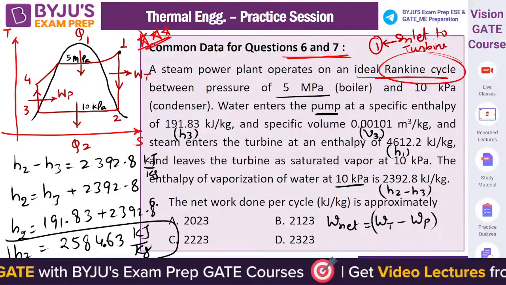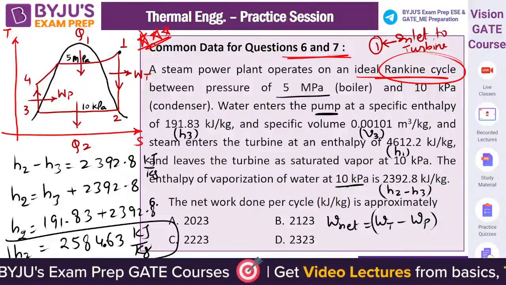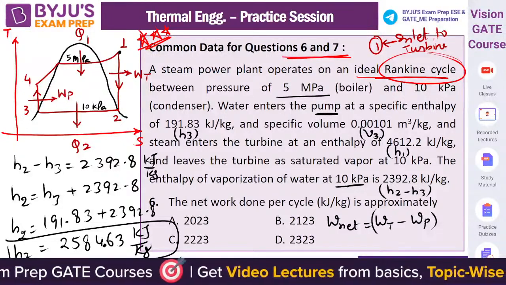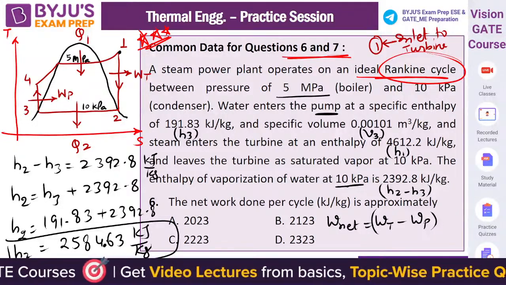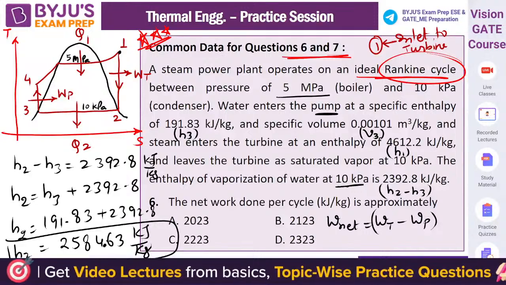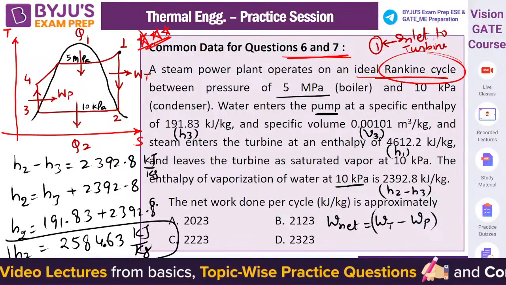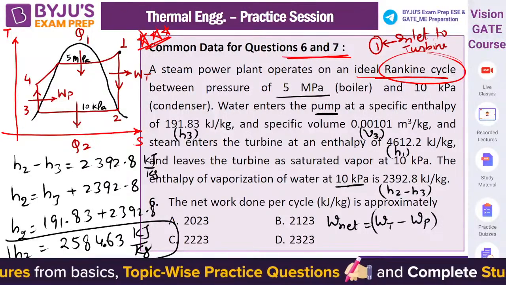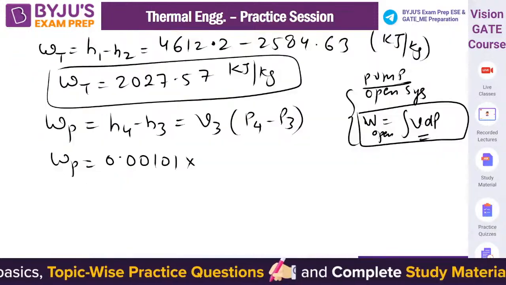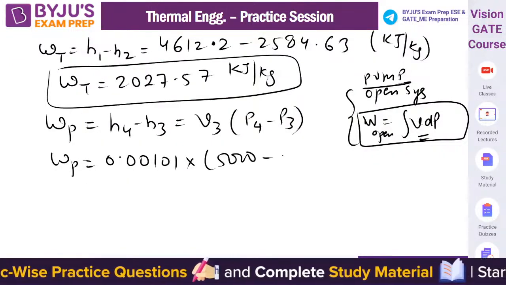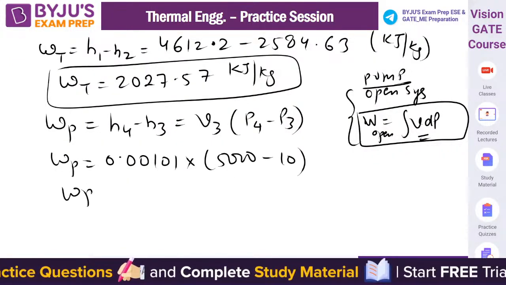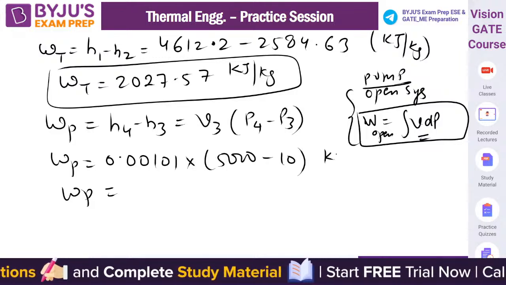If you want to have it in kilojoule, then 5 megapascal, if you convert it into kilopascal, will be 5,000, and 10 kilopascal. So it will be 5,000 minus 10. What will be the pump work in kilojoule per kg?